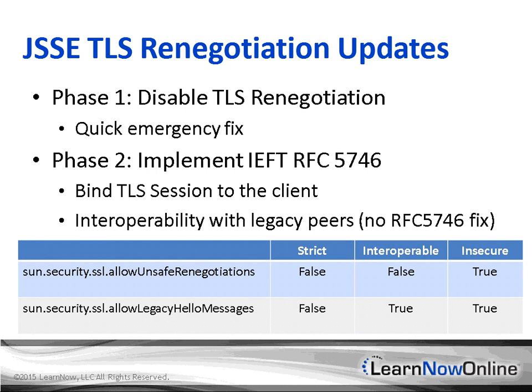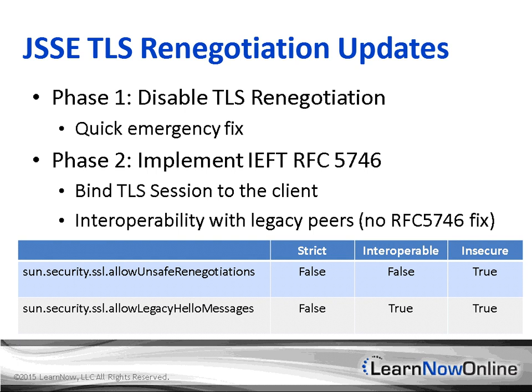The system property sun.security.ssl.allowLegacyHelloMessages is used to allow legacy peers to handshake and establish connections without requiring the messages defined in the IETF RFC 5746. This property was introduced in Phase 2.